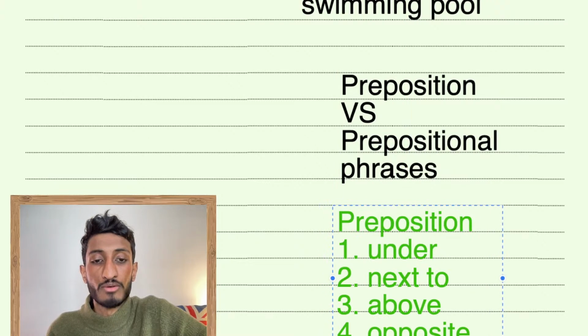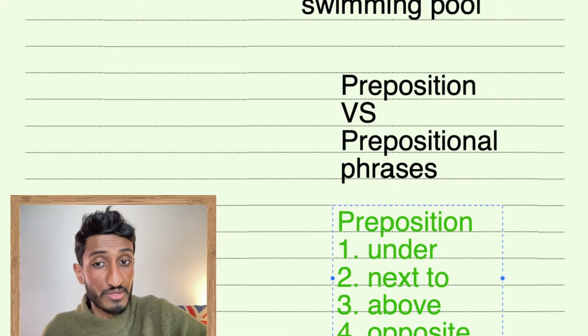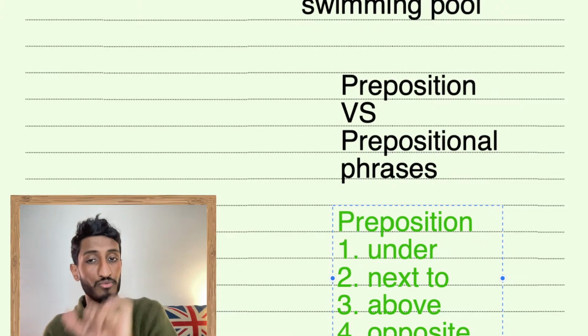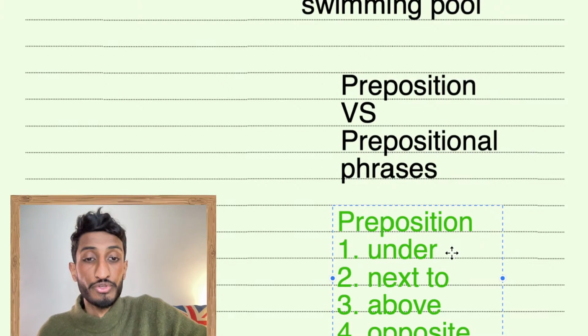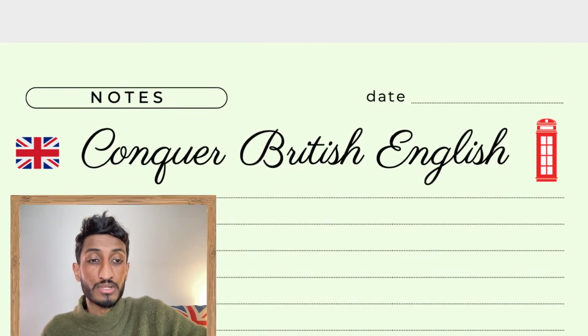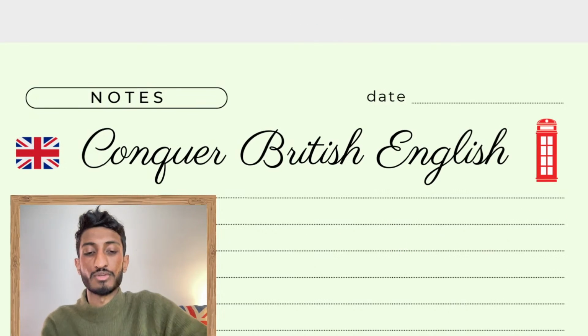Okay. Now, a preposition is usually a word, just a word. But a phrase can go at the start of a sentence, for example. So it's a collection of words, right? So let me give you an example of a phrase. So opposite the dining table.